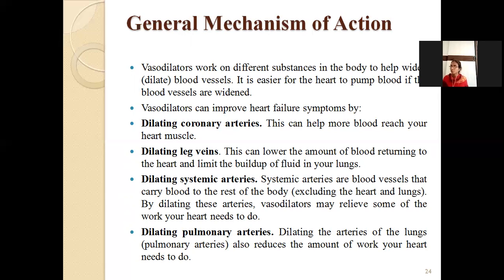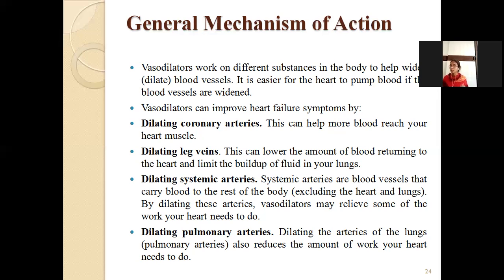Next, dilating the pulmonary arteries will reduce the amount of work the heart needs to do. Generally, if there is a heart problem, like heart attack, congestive heart failure, or arrhythmia, the heart has to pump forcefully to supply or receive the blood to the various parts of the body.